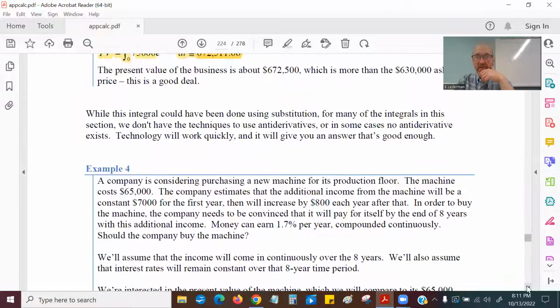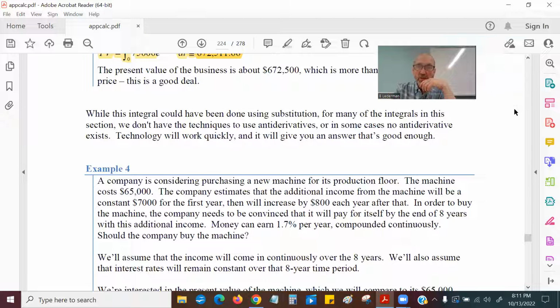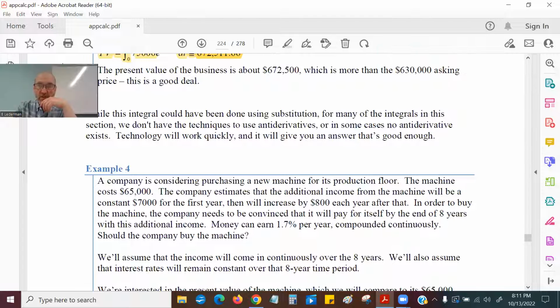So let's look at another problem here. A company is looking at a new machine for its production floor. The machine costs $65,000. The company estimates that the additional income will be a constant 7,000 for the first year, then will increase by 800 each year after that.